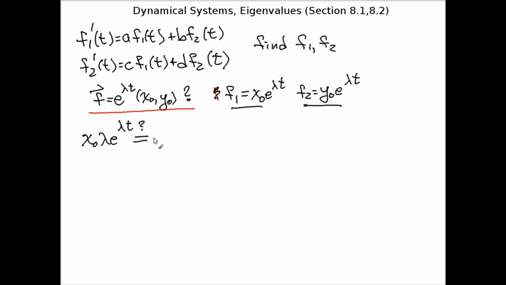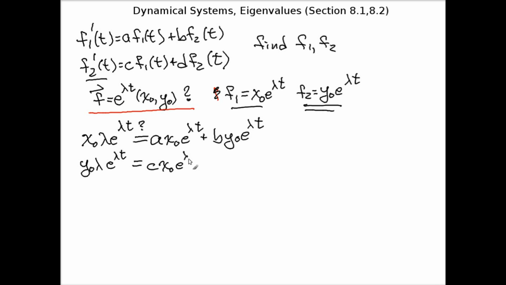And I'm hoping that that's going to be equal to a times f1 plus b times f2. And similarly, the second equation, f2 prime, is y naught lambda e to the lambda t. And I'm hoping that's going to be c times this thing plus d times this thing. Okay? So that's what I'm trying to solve.